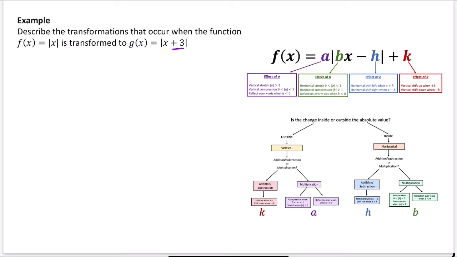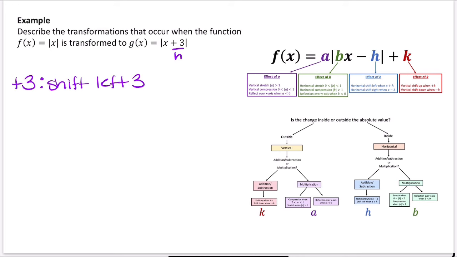So what is that? Well, it's inside my absolute value and it's being added to my function, so it's going to be an h. Okay? And then what this chart tells me is that h is going to be a horizontal shift left or right depending on the sign. So if it's plus h, it's going to be a shift left. Okay? So that's what I do. I just write the plus 3, and then I know that's going to be a shift left 3.